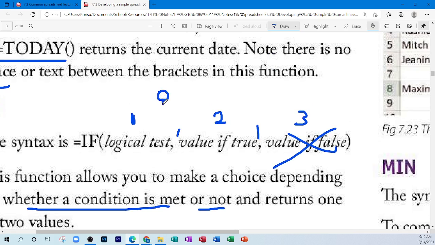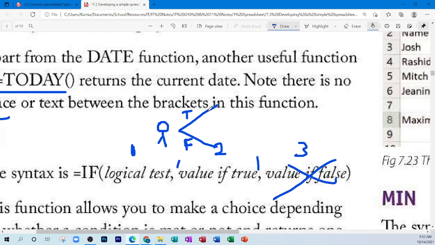Say this is you here, and you have 2 choices. You could either go this way or you could go this way. So at the top here is going to be true, and the bottom here is going to be false. So obviously if you're on one road, you cannot be on the other road.